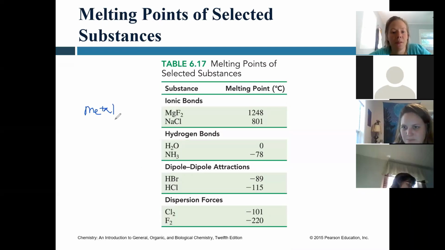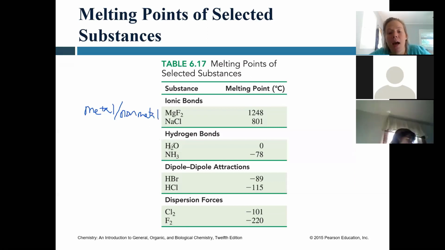Hydrogen bonds are going to be a molecule that is hydrogen with oxygen, hydrogen with fluorine, or hydrogen with nitrogen. Okay, that's what will fall under this.